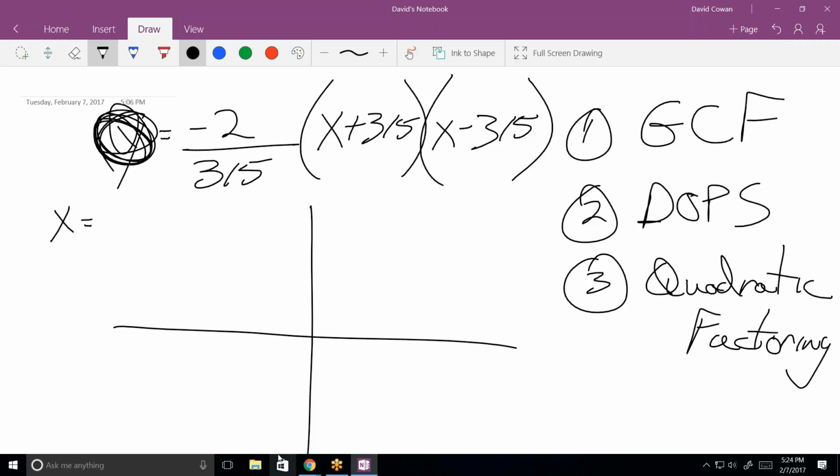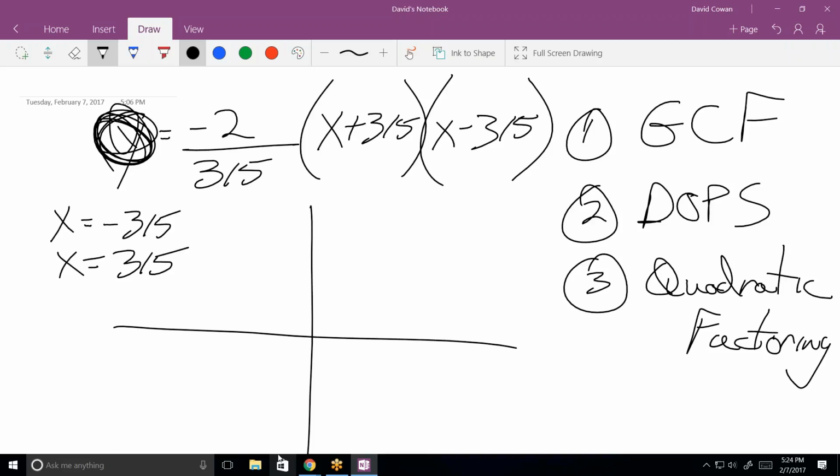We've been doing these. This is no different than anything we've done. You got the product of two things equals 0. So x is either equal to minus 315 or x is equal to plus 315.